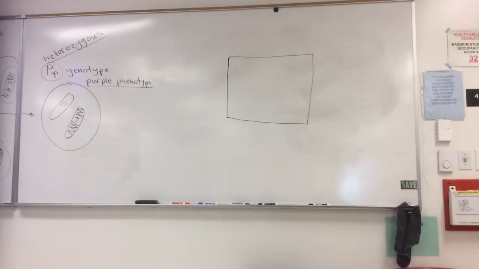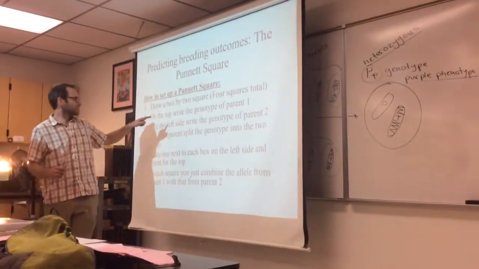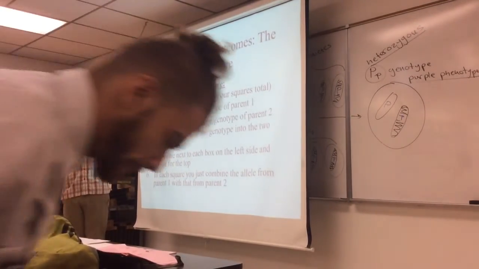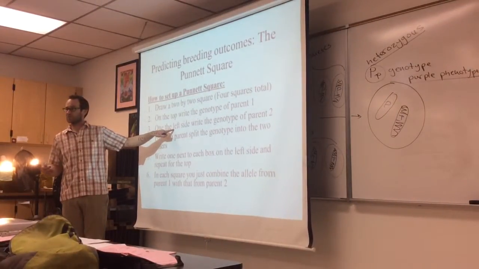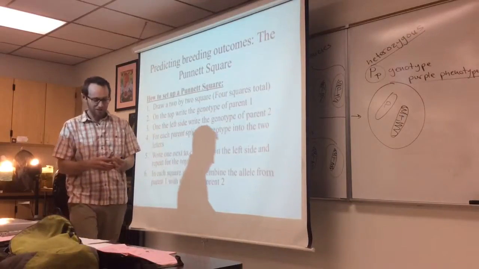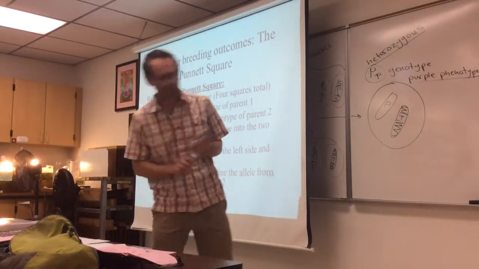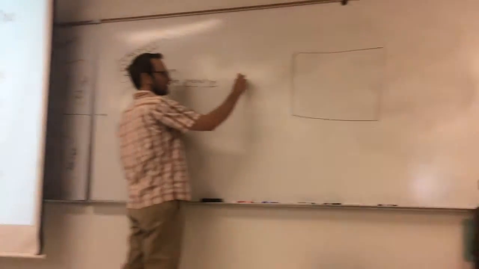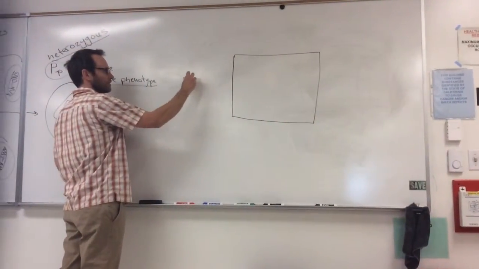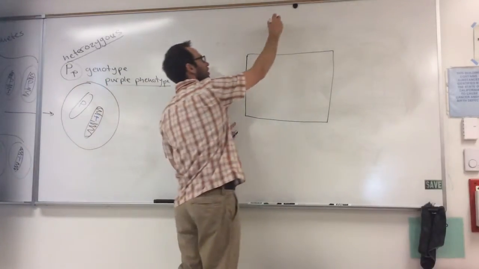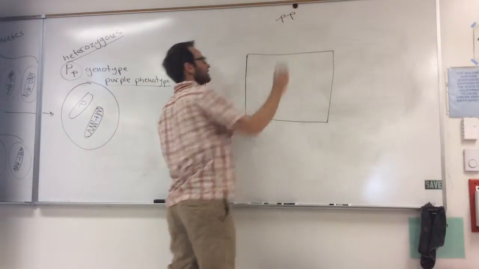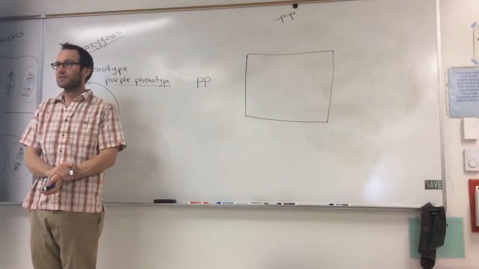Then you simply, next to the left side of the square and on top of the square, you write out the genotype of the first parent. And then on the left side, you write the genotype of the second parent. So if I'm crossing together a homozygous purple, I write their genotype there. And I'm crossing them to a homozygous white. I write their genotype there.